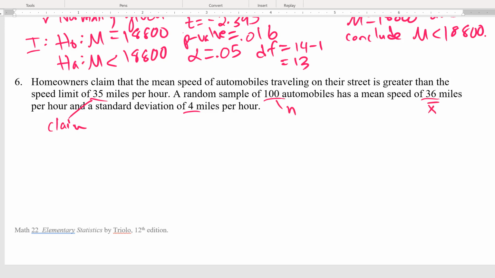This is from our sample, so it's a sample mean and a sample standard deviation. Mu is equal to, what are we interested in? The mean speed of the automobiles traveling on their street.